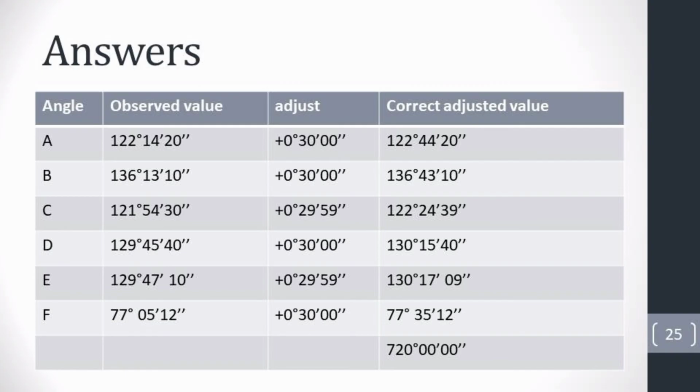So there, before rounding off, I either had 0 degrees 29 minutes and 59 seconds, or if I round the answer off, I have 0 degrees and 30 minutes. I'm going to play with those adjustments.